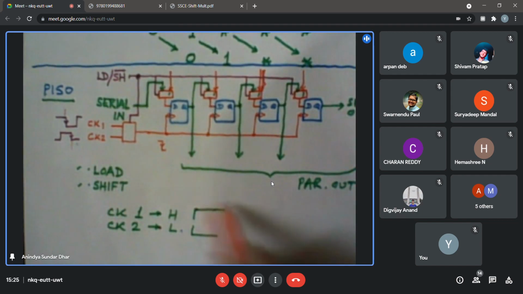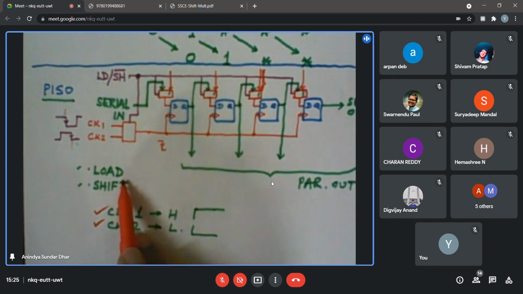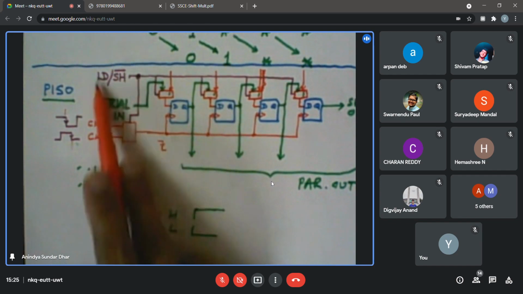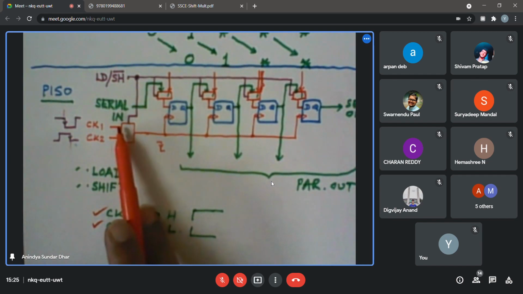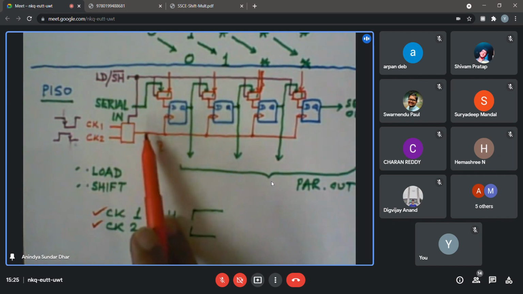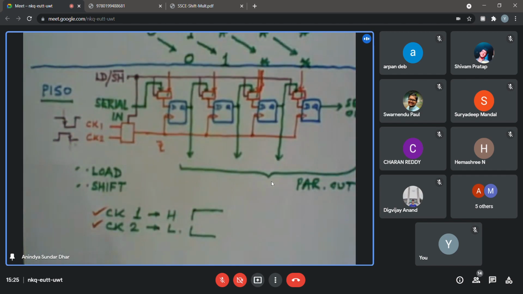In this region, when clock 1 remains high there is no edge, and when clock 2 remains low there is no edge. At that time, I suddenly shift the control so that the multiplexer changes its clock selection from clock 1 to clock 2. So could you tell me what will be happening at the output?